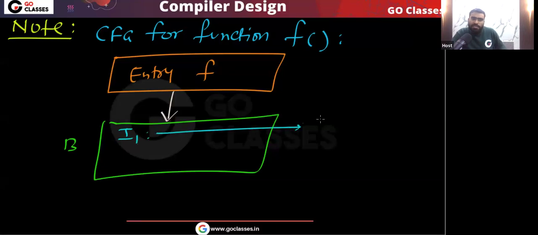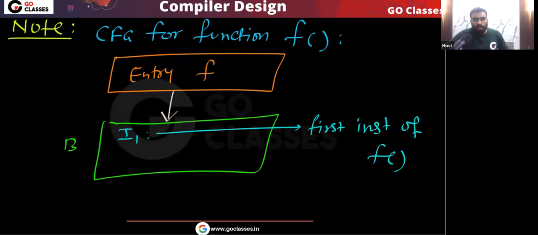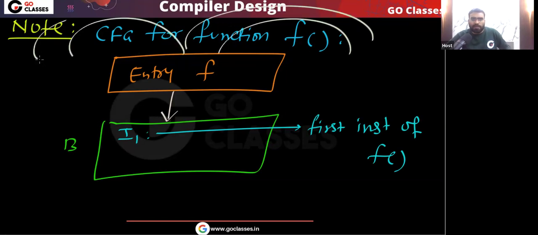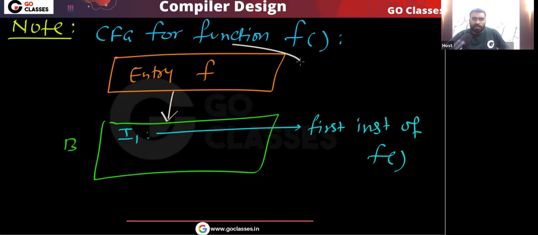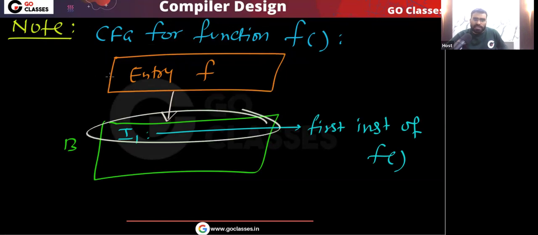So this is the first instruction of f. Understood? So remember, there will be only one edge. This makes sense because once you are coming to the function f, you are coming from main, or from some other place. Once you come to the function f, the first instruction will execute.